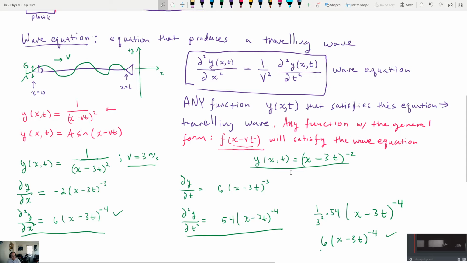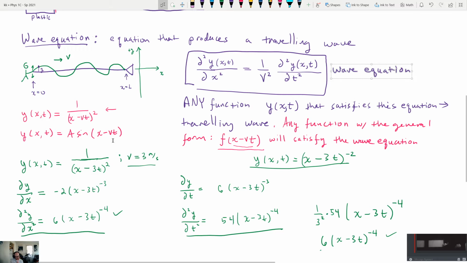It doesn't matter. You pick any function you want. Any function will automatically satisfy this equation. So that's nice. We have a whole class of functions that will satisfy it. There's no single solution. There are an infinite number of solutions, basically, to this. And that means there's all kinds of different waves that you can have. And we call this the wave equation because this produces a traveling wave.